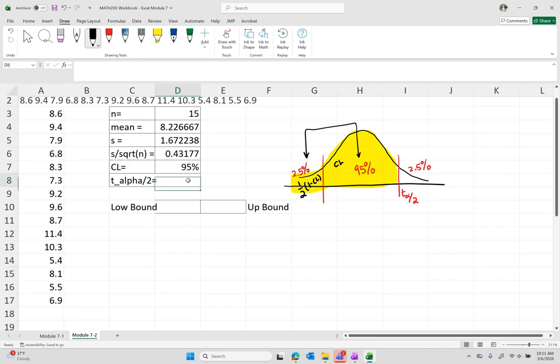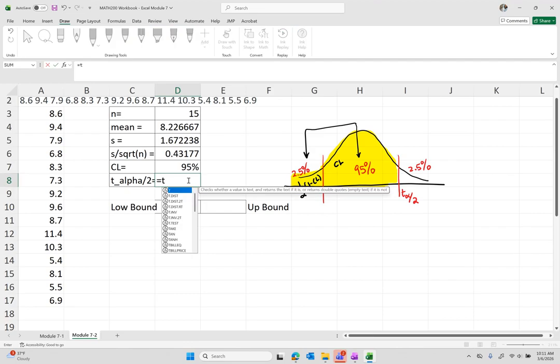And to use that again, we will use the inverse function. If you press equal t, it will give you all the t distribution functions that it has. T.INV is the function that if you give it the probability on the left tail and the degrees of freedom, it will give you the t-score.